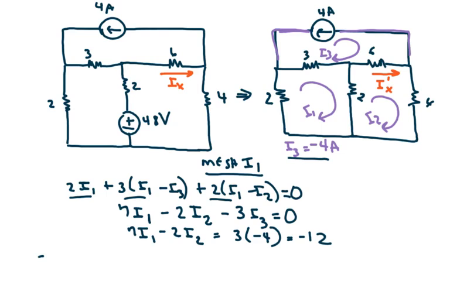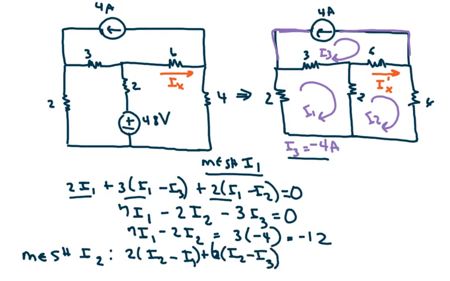Now we need to do our second mesh, which is mesh I2. That will be 2 times I2 minus I1, plus 6 times I2 minus I3, plus 4I2 equals 0.